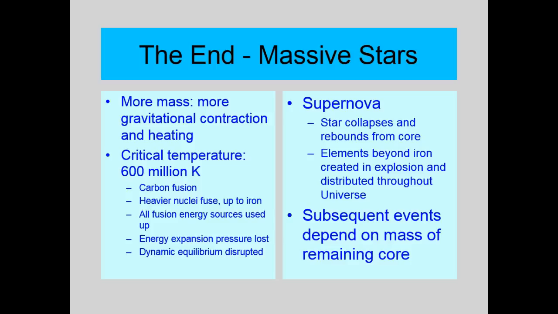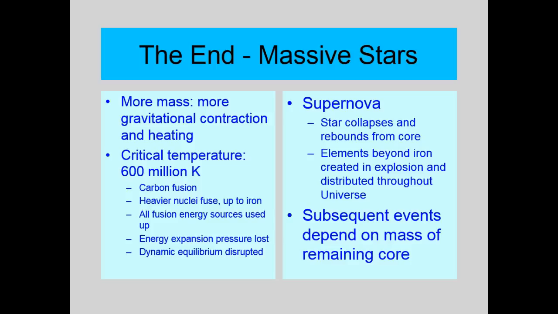It collapses and then rebounds from the core. The elements beyond iron are created in that massive explosion, and those are distributed throughout the universe. So that's why we have things on the periodic table beyond iron.